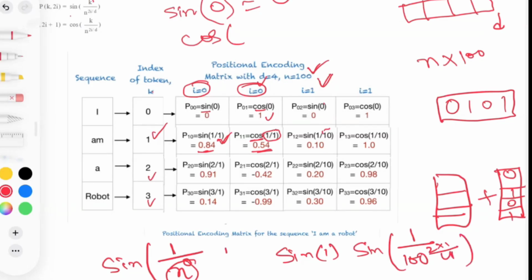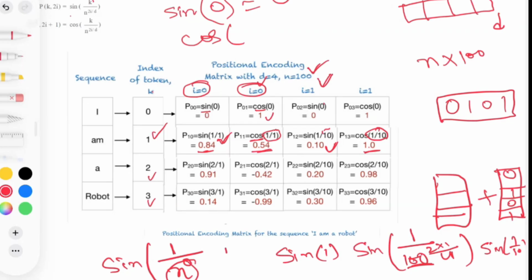If you take this, 100 to the power 2 over 4 is the root of 100, so that will give you 10. So we'll be getting sine 1 by 10, you get this value. Even in this case you will get the same value here, but now we apply cosine. So cosine 1 by 10 will give you this value.